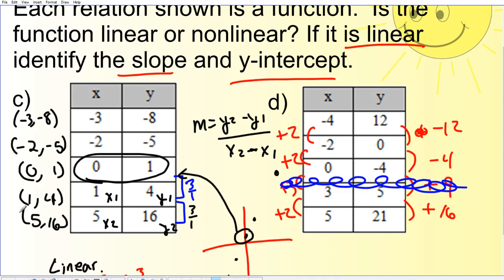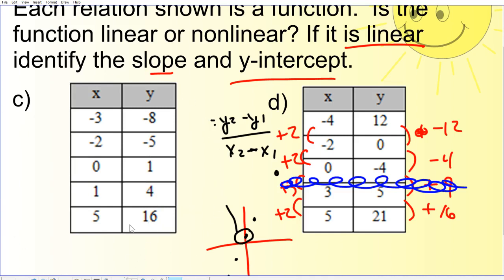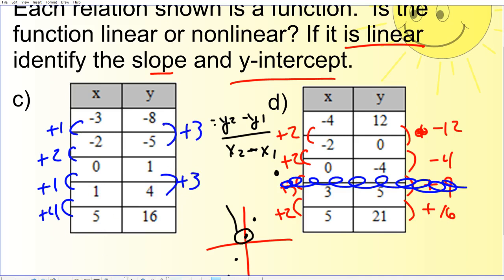This side, this guy over here, would follow that same pattern. So this was plus 1, plus 2, plus 1, plus 4. It's a little hard because they're kind of different, but all the plus 1s, plus 3, plus 1, plus 3. Both my plus 1s were both going up by 3.